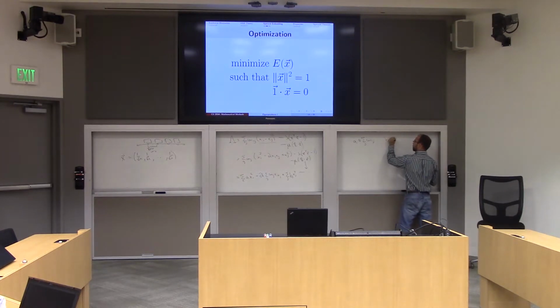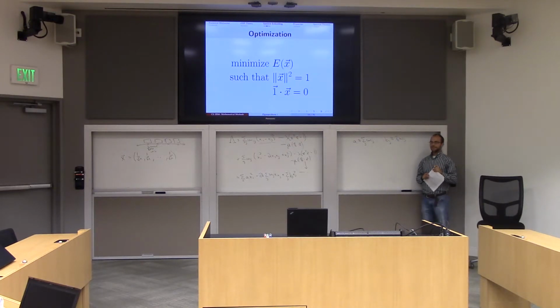And bj is going to be the sum over i of w ij. By the way, w is symmetric, so ai equals bj. It's all the same.